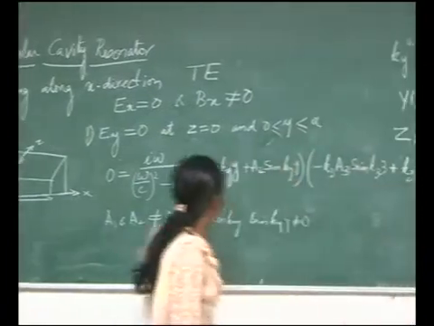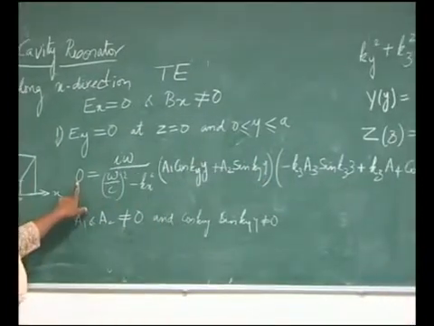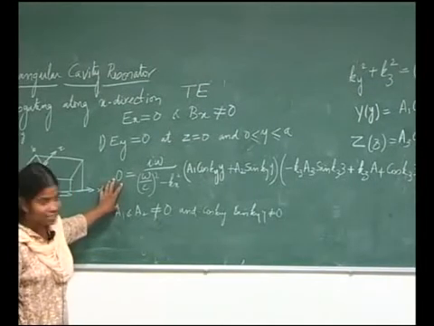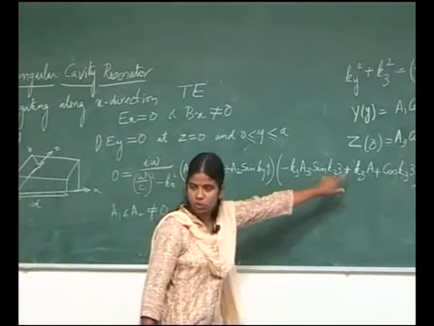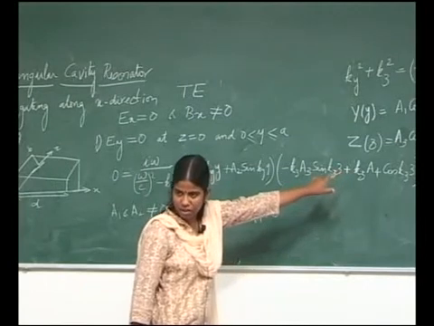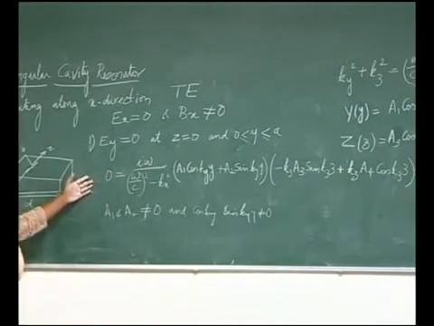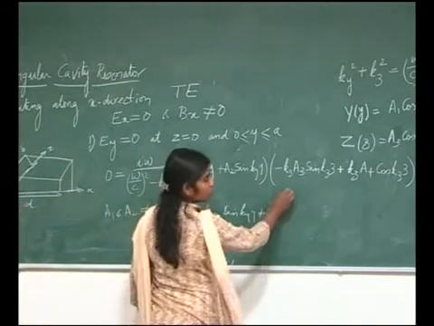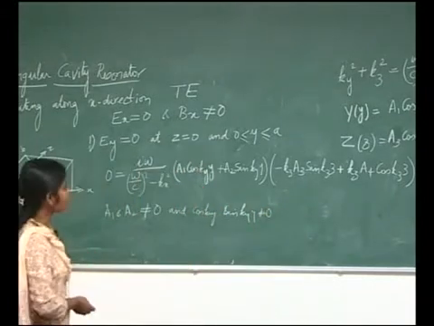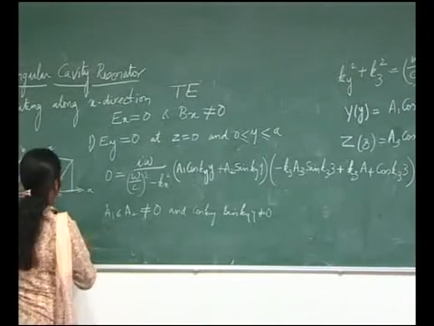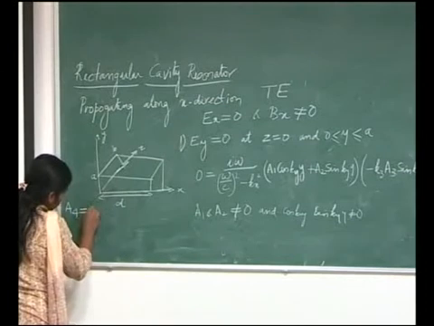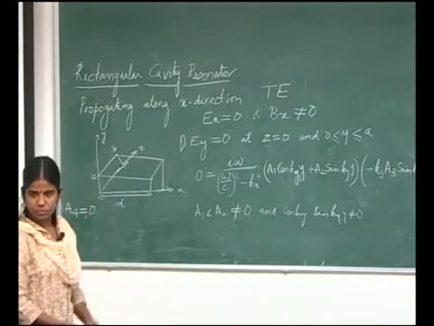But the whole thing is 0. So we are forced to accept that a4 is equal to 0, isn't it? To make this whole equation 0, we are forced to accept that a4 is equal to 0. I will write down the result here. So a4 is equal to 0. Is it okay?